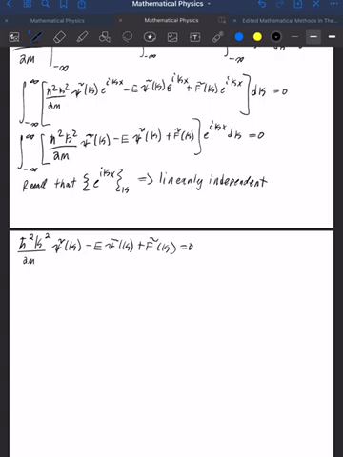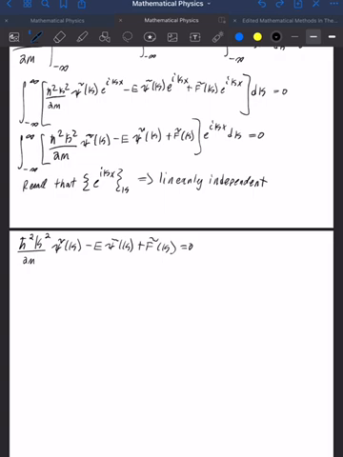So at this point, we can begin to really solve for psi of x.